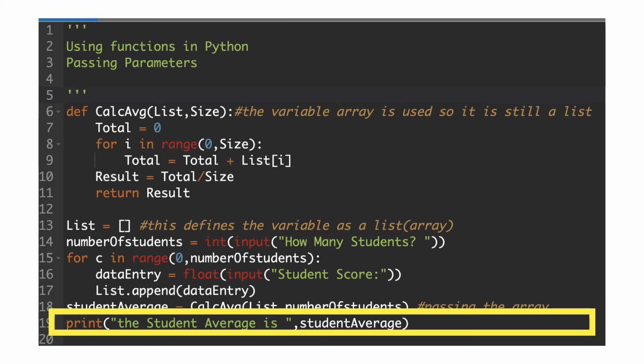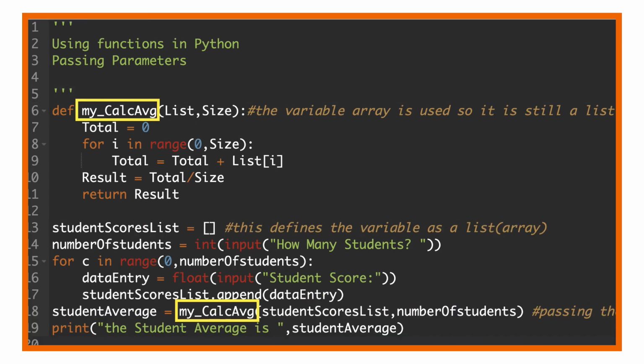Now, in this program, there's a few things that could be fixed up. One of the good practices is, just like we use camel case or some sort of way to recognize variable names, you'll notice that the function name looks very much like a variable name.